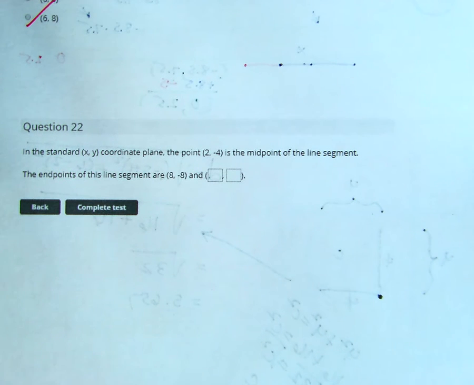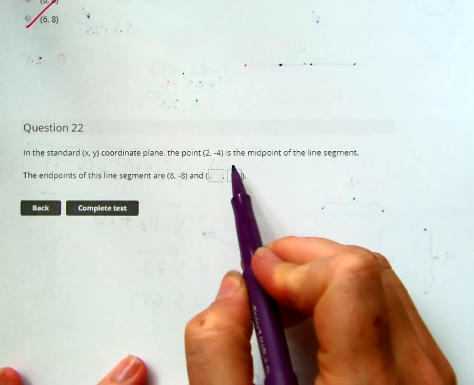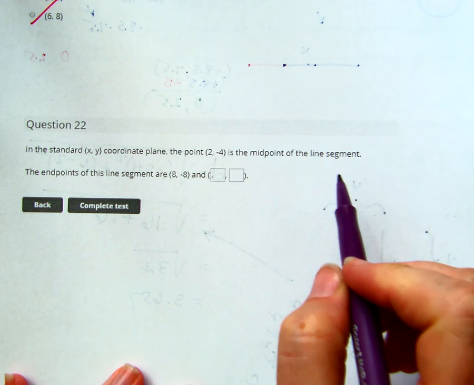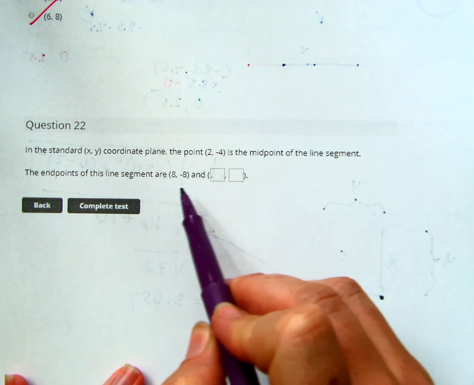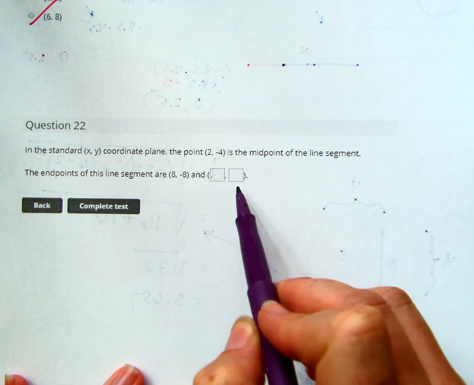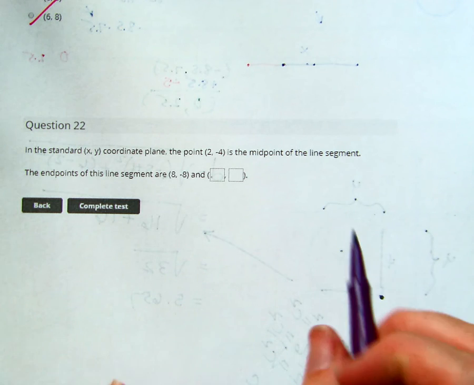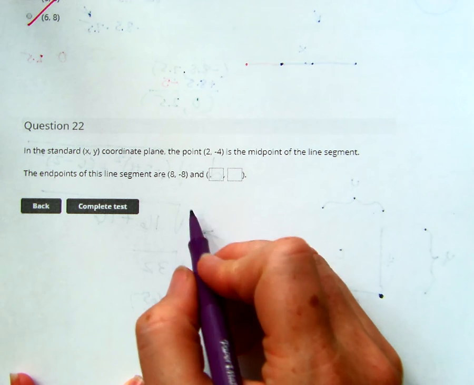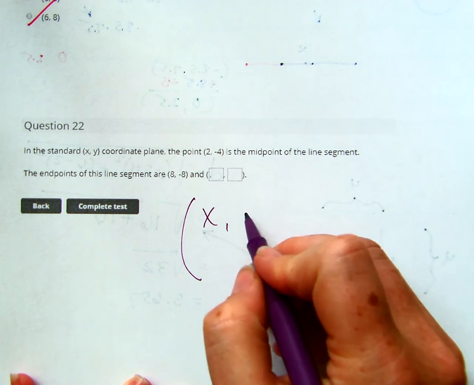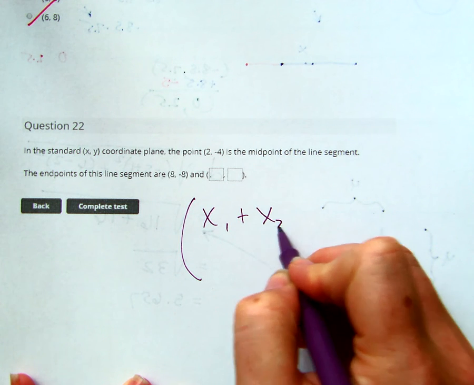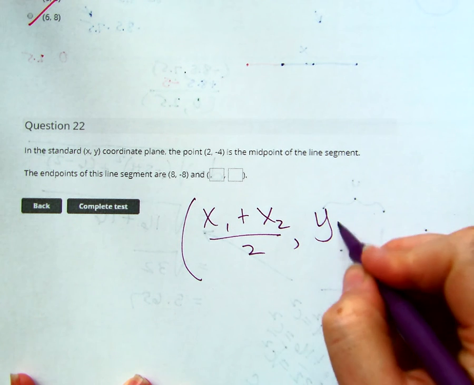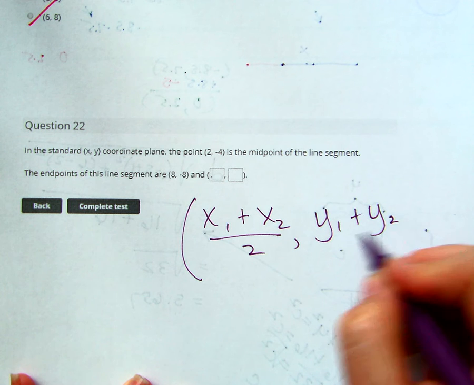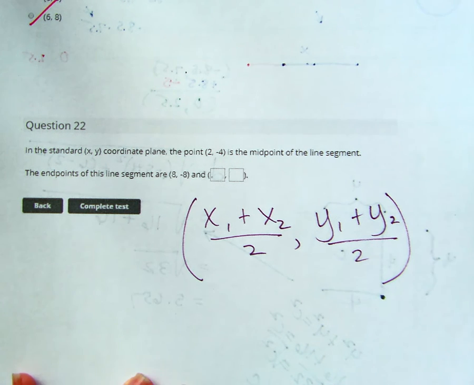And then the other midpoint question, but this one was the harder one. But we worked one exactly like this. In the standard xy coordinate plane, the point 2, negative 4 is the midpoint of the line segment. The endpoints of the line segment are 8, negative 8, and something, right? So think about the midpoint formula. Here's x1 plus x2 divided by 2, y1 plus y2 divided by 2, right?